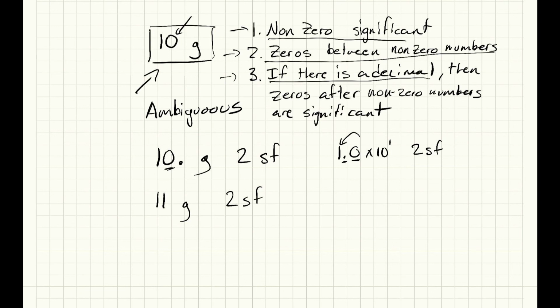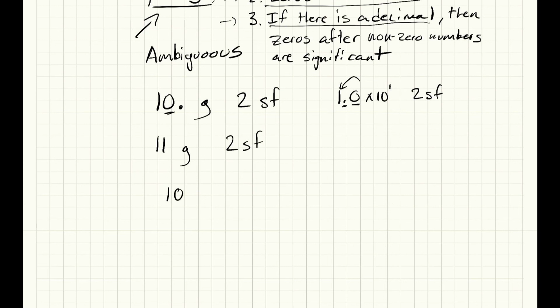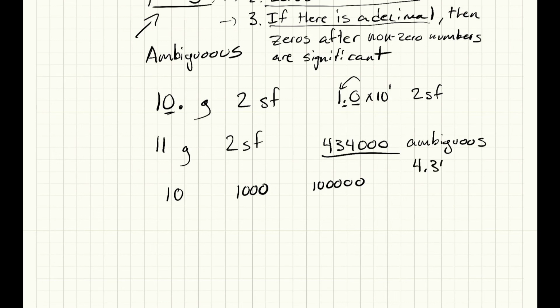It's none of them, which means we don't know, because there's no rule about it and no way to tell if it's significant or not. So any of these, doesn't matter how many zeros there are, doesn't matter if this is 4, 3, 4, 0, 0, 0, this is still ambiguous, and it should be written with scientific notation.